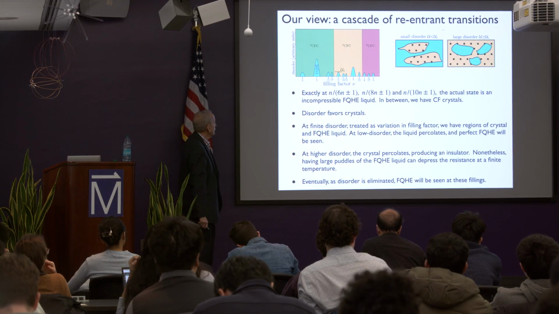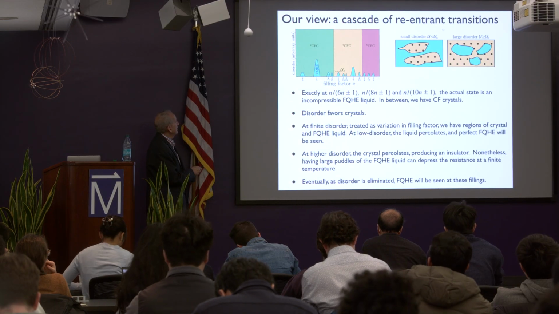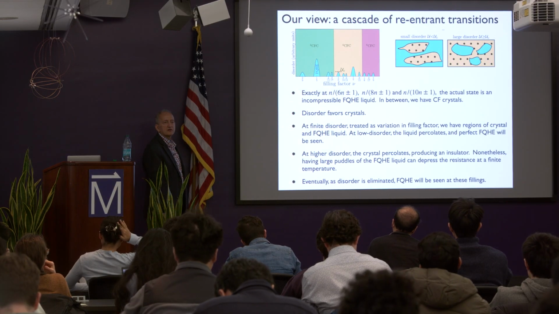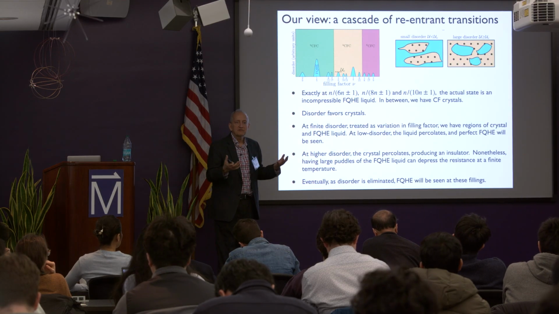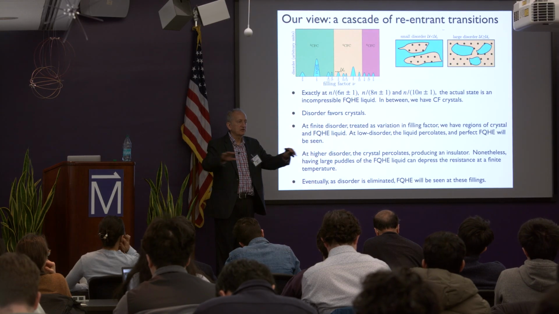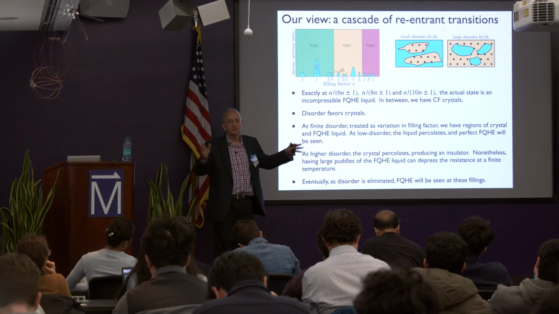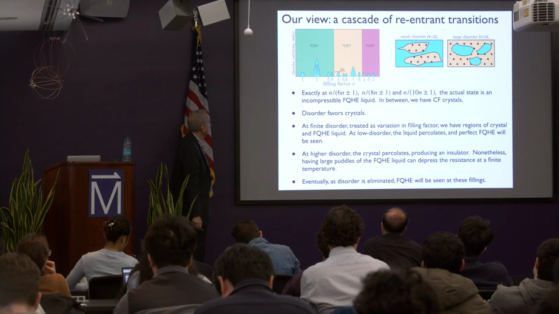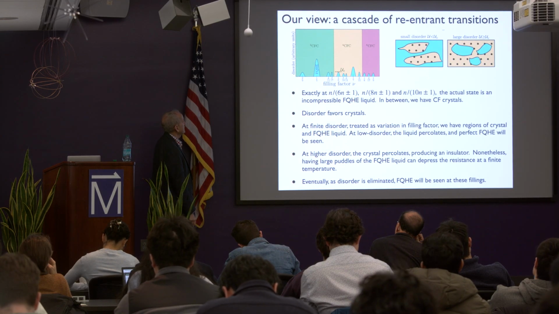Now as you increase disorder, disorder favors crystal, because crystal can better adjust to take advantage of the disorder. The incompressible liquid is kind of flat, so it cannot do too much in the presence of disorder. So perhaps the phase diagram looks like this.